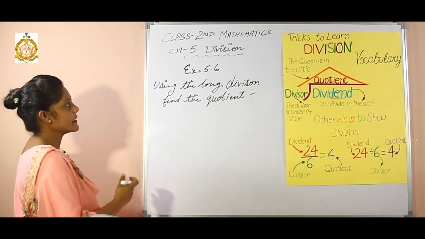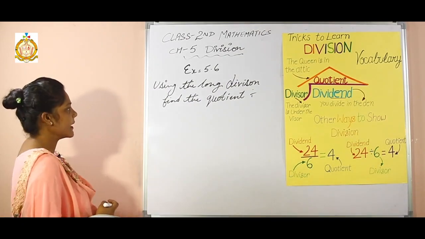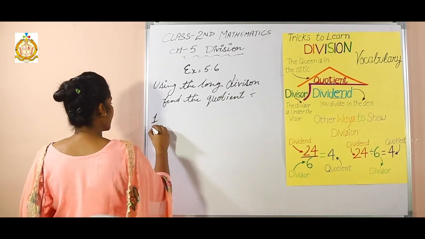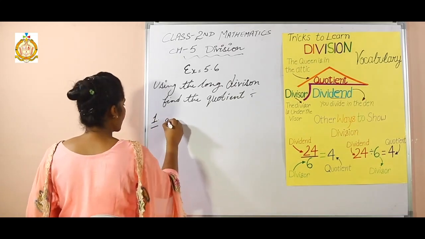Clear, students? This is the heading for your 5.6 exercise. I want to clear the first part, sum number A.